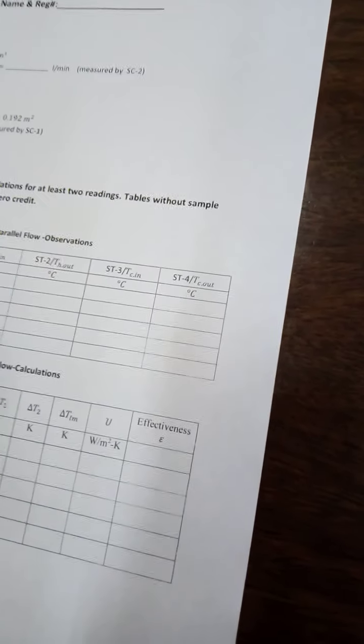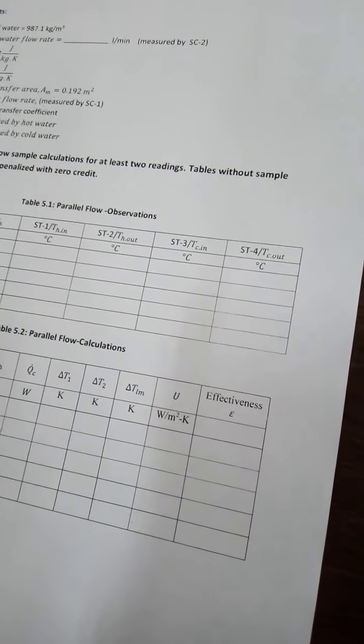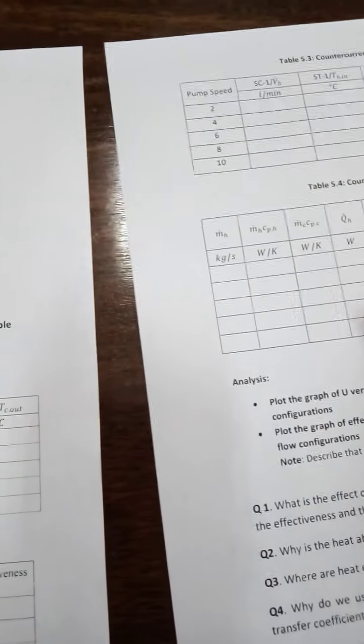The same is the procedure here in the counter flow heat exchanger. In counter flow you will see that the procedure is the same, like pump speed will be given and you will have to fill this table. And then analysis, in analysis we have two different points.